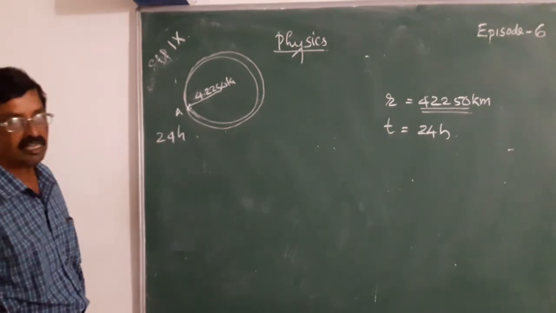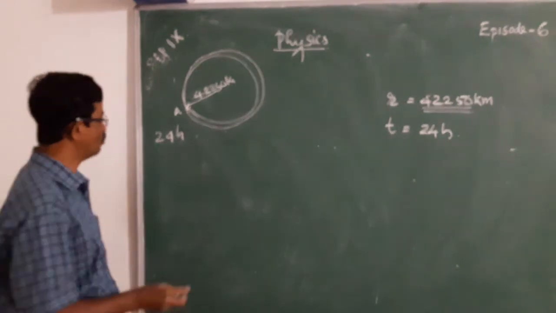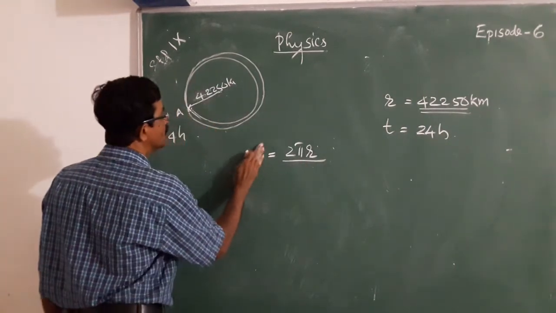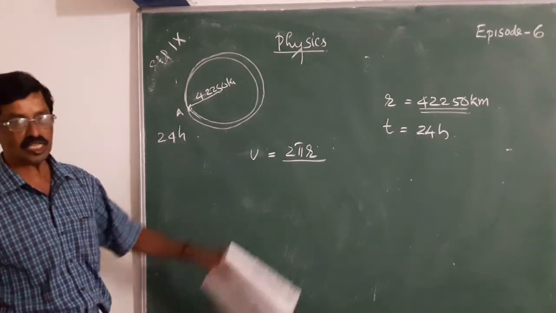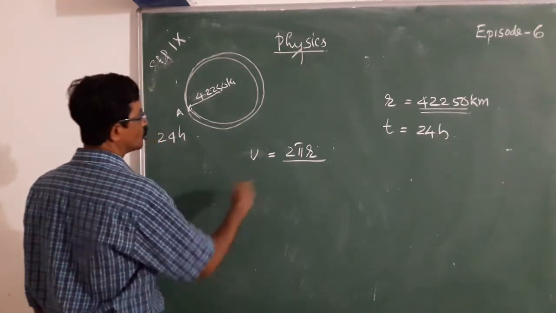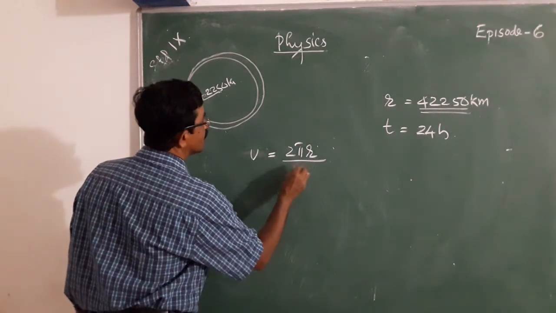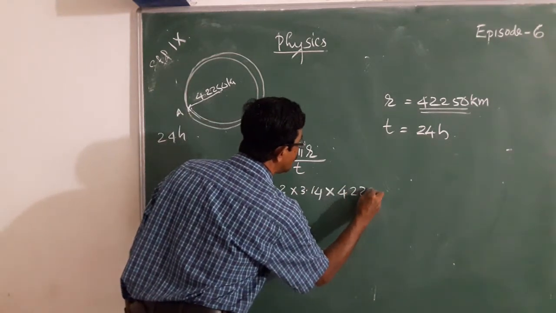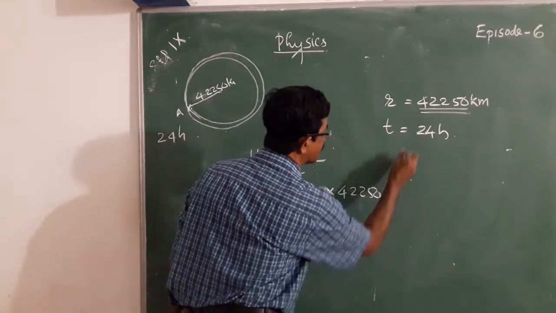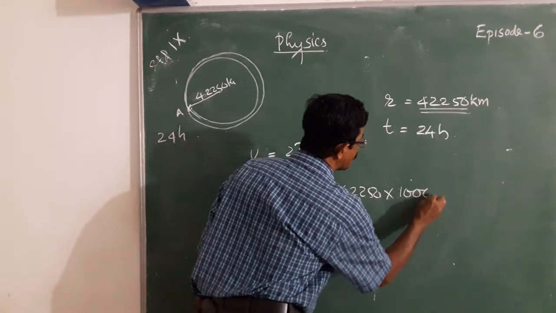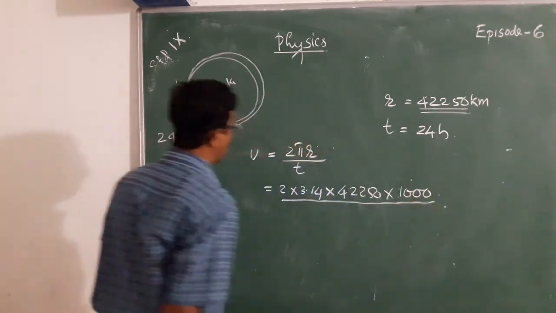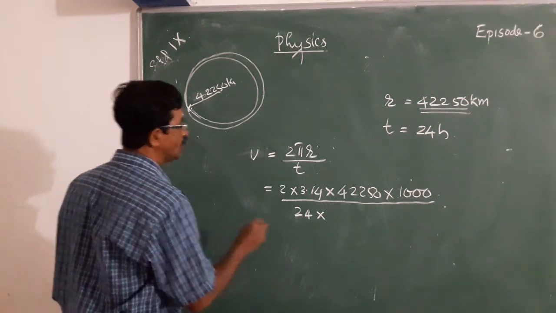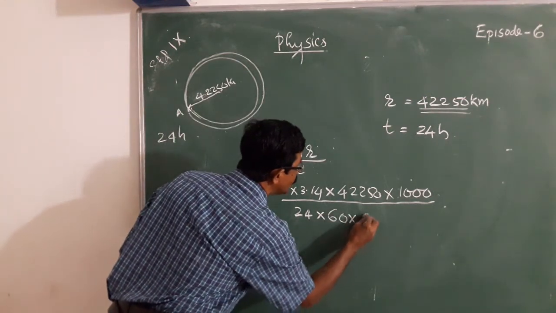Speed is equal to distance by time. Here the distance is 2 pi r, so v equals 2 pi r divided by T, that is 2 into 3.14 into 42,250, converted into meters by multiplying with 1,000, divided by the time of 24 hours, that is 24 into 60 minutes into 60 seconds.